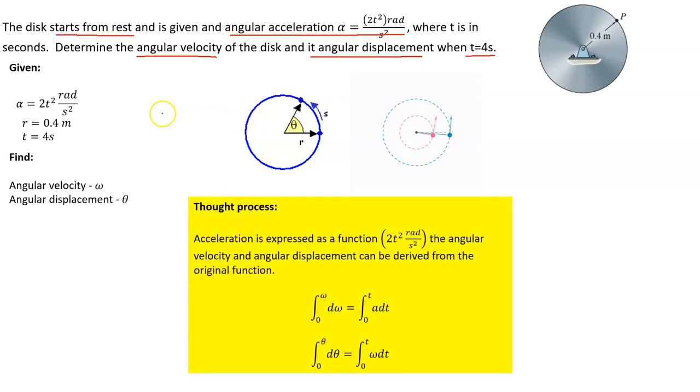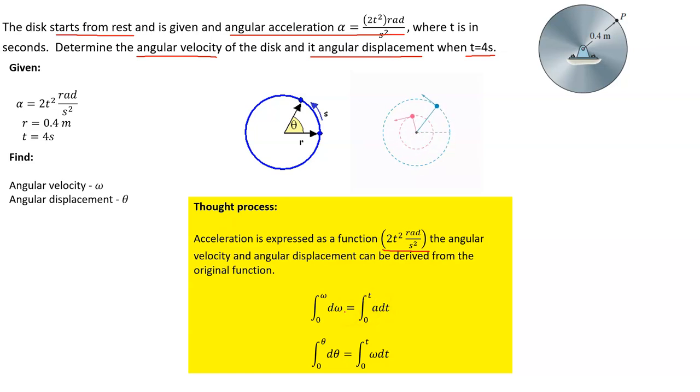Here we have the acceleration expressed as a function. Okay, so we've been given that, and the angular velocity and angular displacement can both be derived from that original function, right? So the angular velocity is going to be a definite integral starting from rest, 0, to whatever final velocity it gets over that window of time, and the acceleration, which is going to be expressed as a function with respect to time between that same window, 0 to 4 seconds.